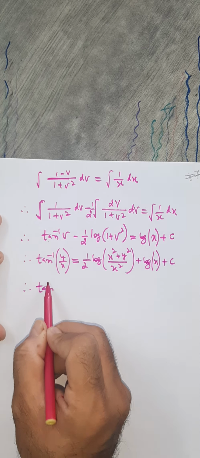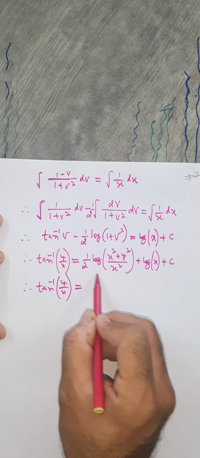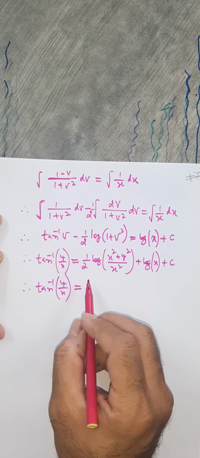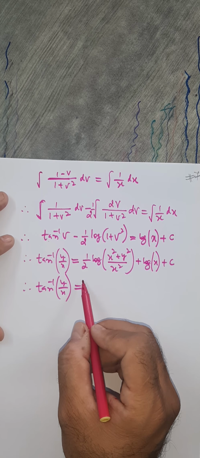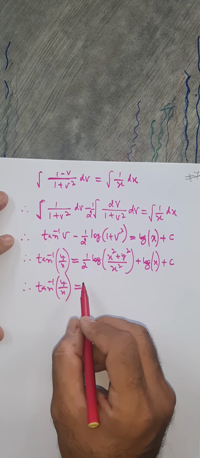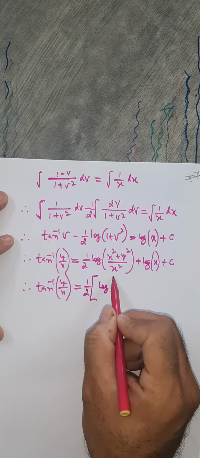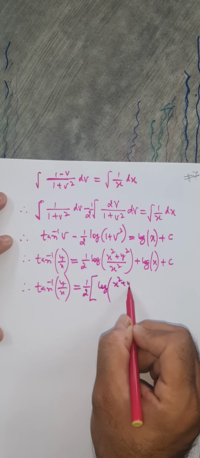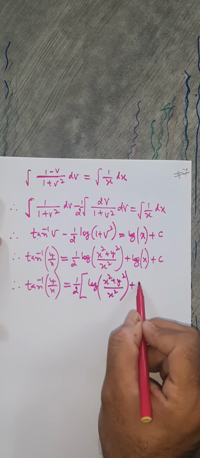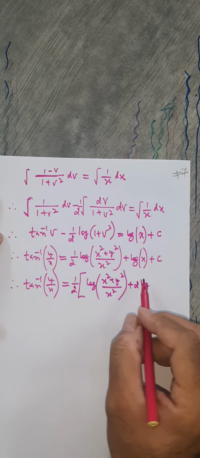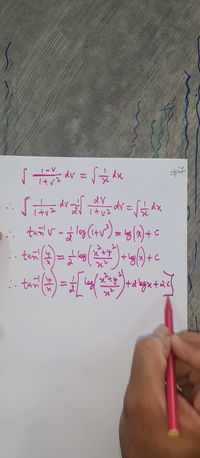So this is tan inverse y by x equals, I'll take 2 as LCM here, or you can just take 1 by 2 common, that is same as taking LCM: log of (x squared plus y squared) by x squared plus 2 times log x plus 2c.